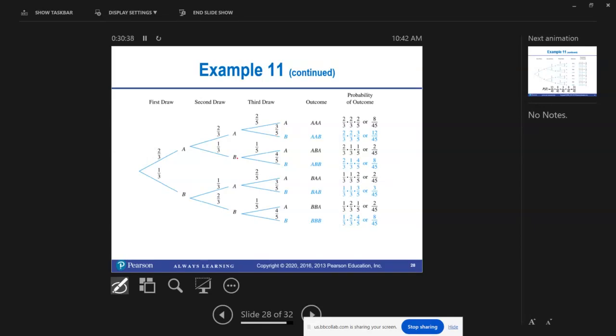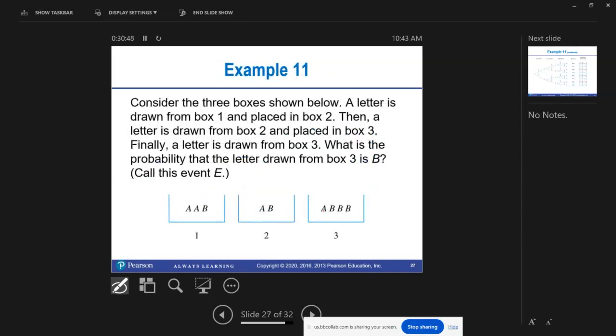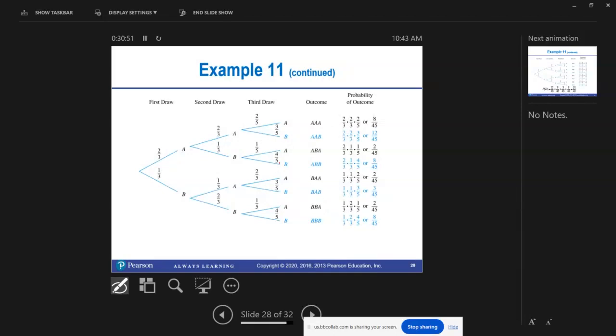If we were to have drawn a B in the second box to put in the third box, we would only have a 1 out of 5 chance of having an A, because this would be our only A, but then there would be a 4 out of 5 chance of B's. Same idea here. If we put the A in the third box, we'd have 2 A's out of 5, and then we would have 3 B's still. If we were to put a B in the third box, we'd only have 1 B out of 5, and 1 A out of 5, and then 4 B's total.